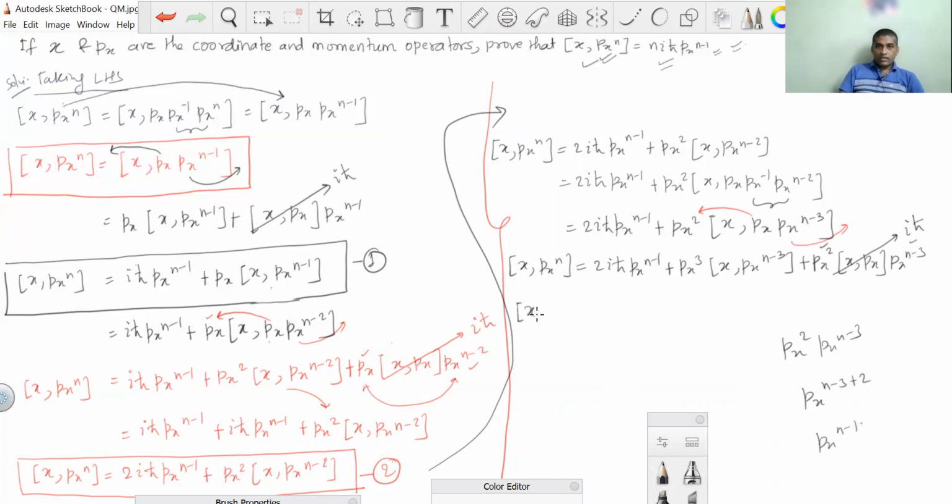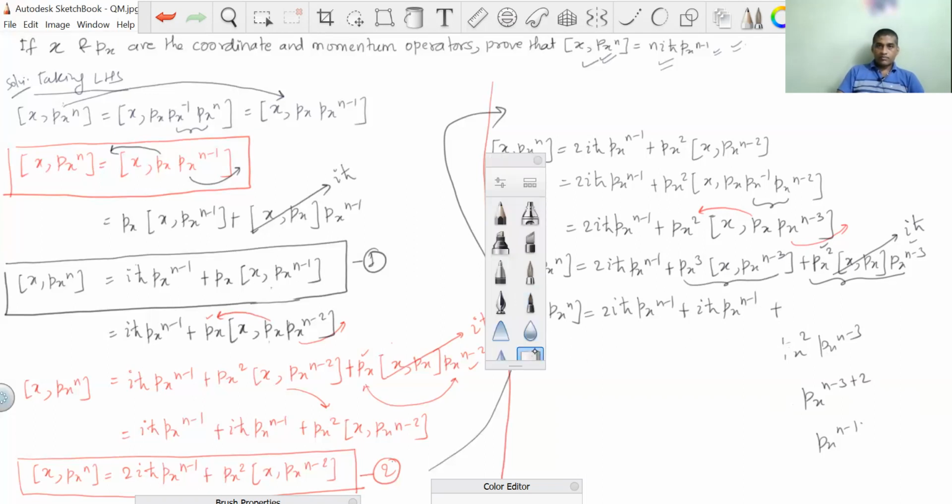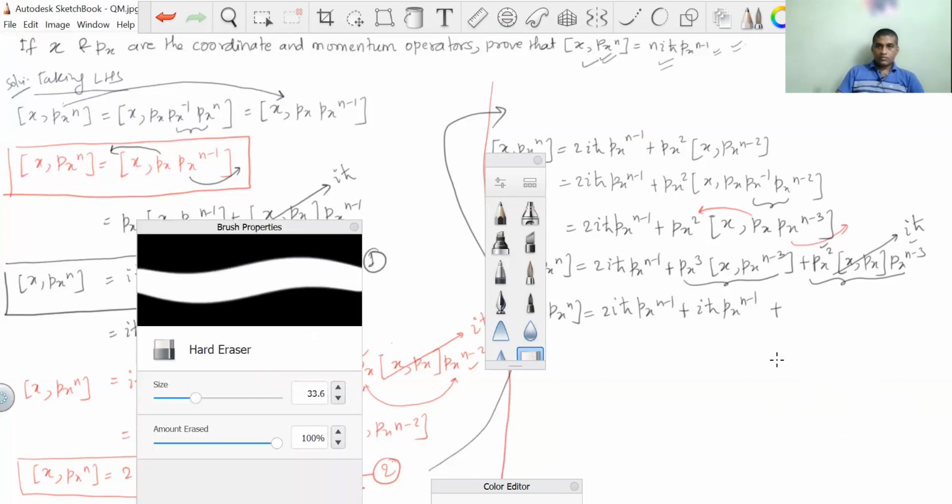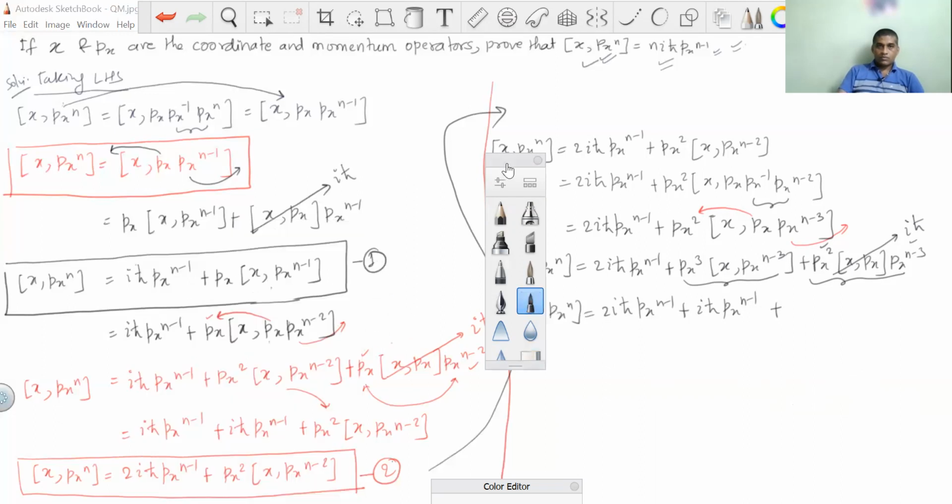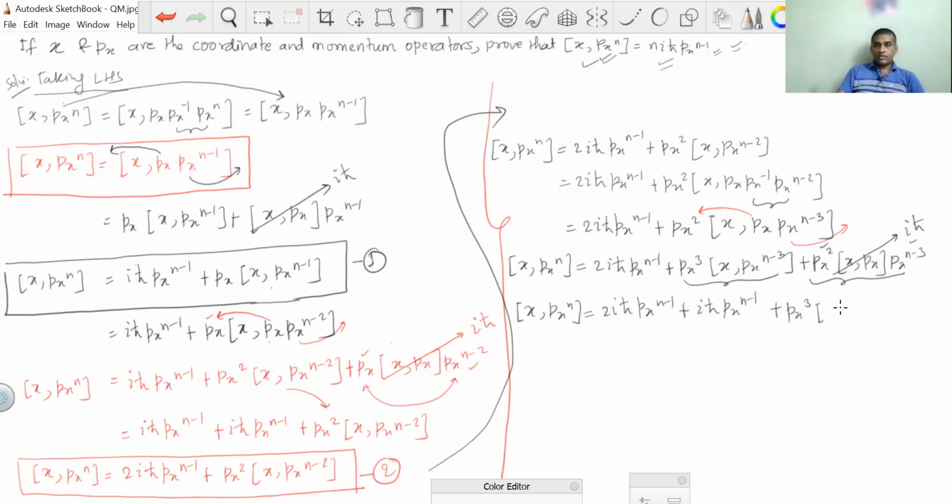So we can write commutation of x px power n equals 2iħ px power n minus 1 plus iħ px power n minus 1 plus we have this term, px power 3 and commutation of x px power n minus 3.